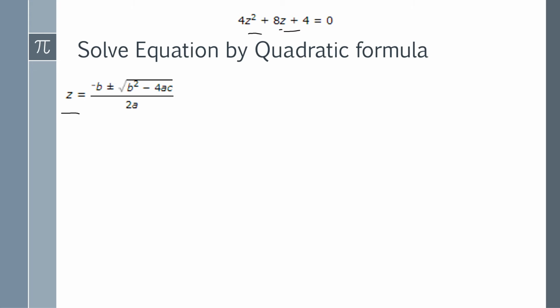Z equals the opposite of b plus or minus the square root of b squared minus 4ac, all over 2a. I'm sorry, y'all. I know you guys give me static, but that's how I remember it. So now I'm teaching it to you guys. Again, this was mentioned in Algebra 1, but in case you didn't see it in Algebra 1, it's okay because you're seeing it now.